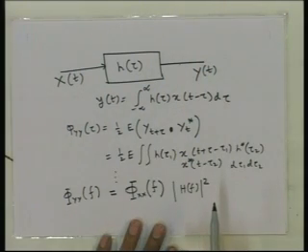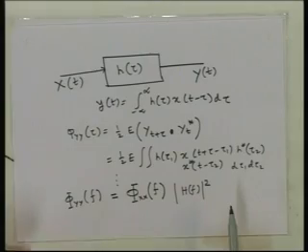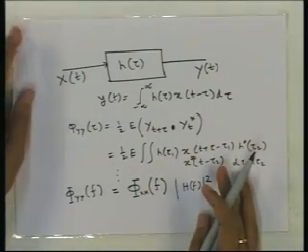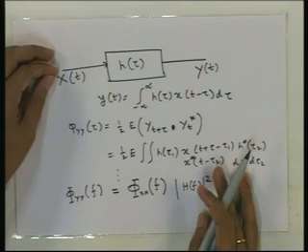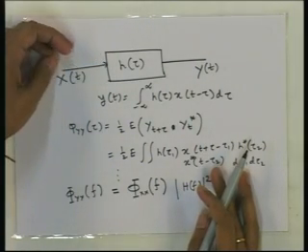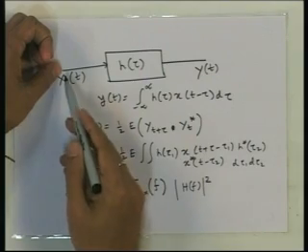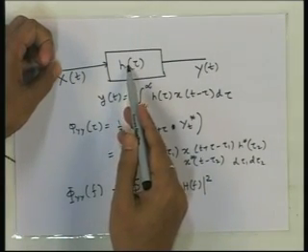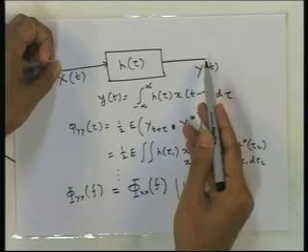to get the output power density spectrum. This is quite satisfactory because we know that if we pass a deterministic signal through such a filter, the Fourier transform of the input is multiplied by the Fourier transform of the impulse response to get the Fourier transform of the output.